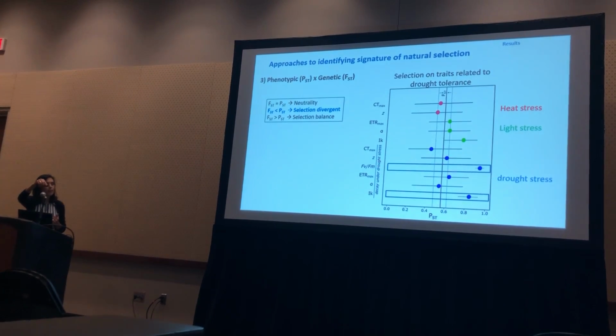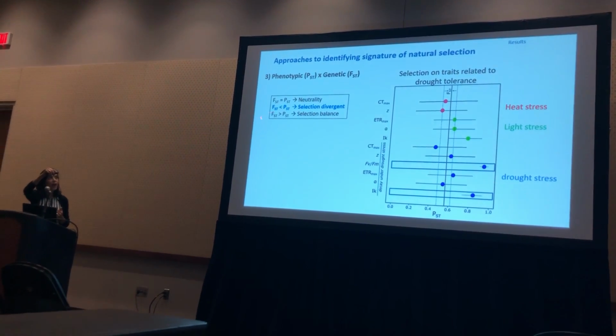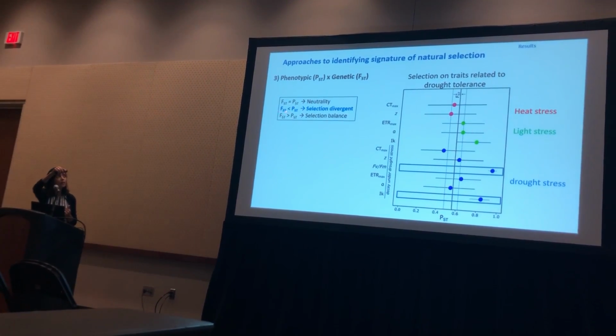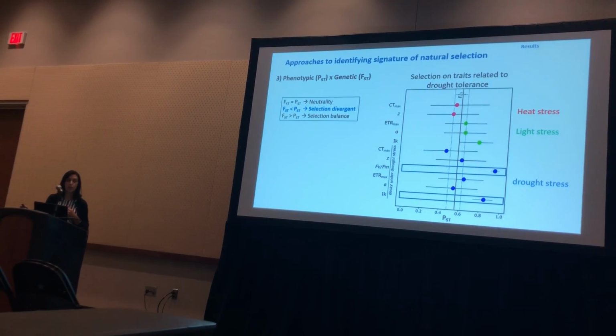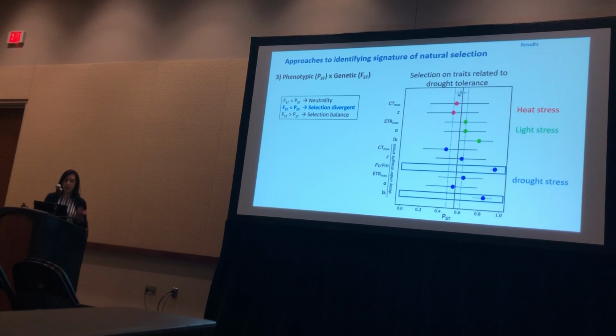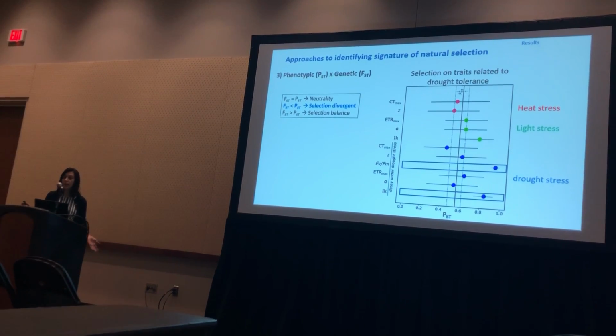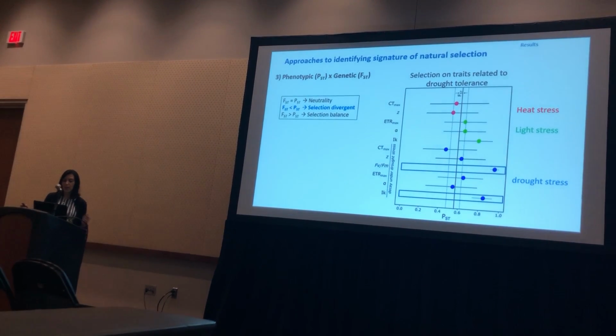But for 2 of them, the PST was higher than the FST, pointing to divergent selection, and suggesting that selection is related to drought tolerance in these populations.